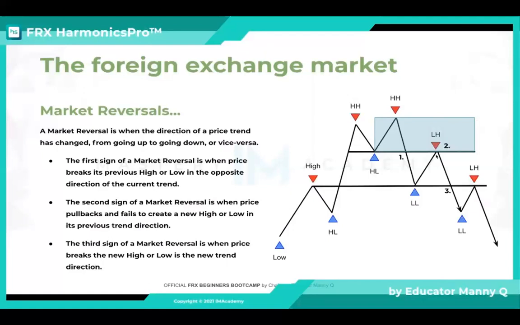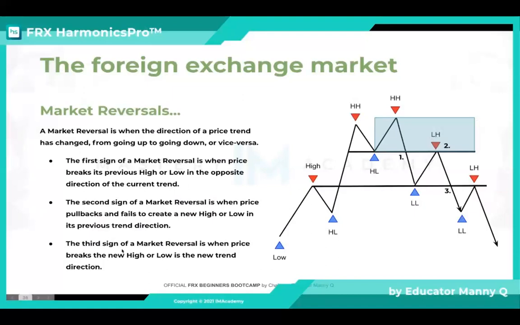What would make this invalid is if the market makes a lower low, but then as the market pushes up, the market would actually go past the last higher high and make a new higher high. Then all this would be is just a pullback or a deep type of correction. And it's continuing to go higher high. But if the market makes a new lower low and the market pulls back up, creating a new lower high below the previous high, this is the second sign that the market is beginning to reverse.